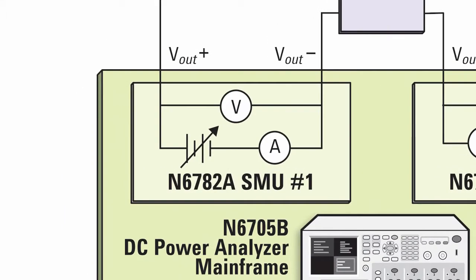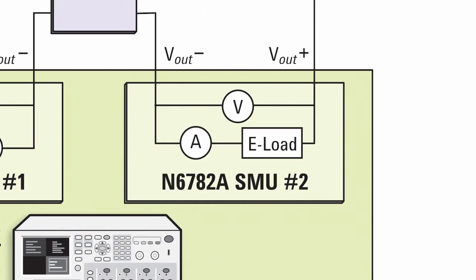When configured as a source, the N6782A SMU provides programmable voltages with faster settling and less ringing under dynamic loads than a general-purpose power supply. When configured as a load, the N6782A SMU has unique attributes well suited for testing DC to DC converters.